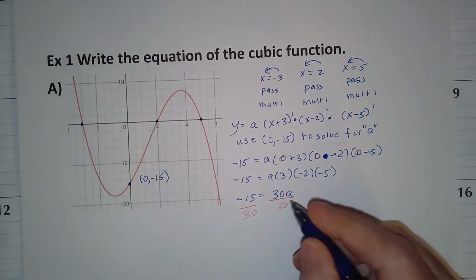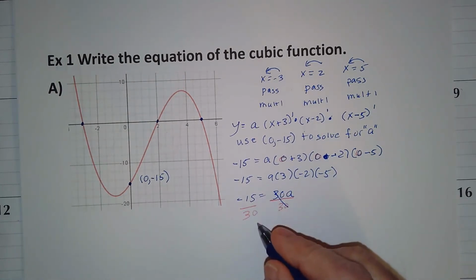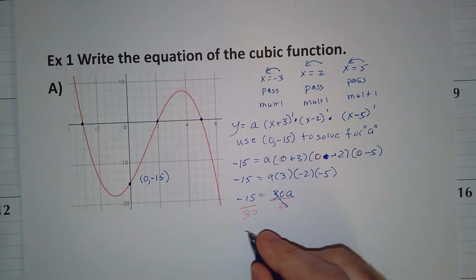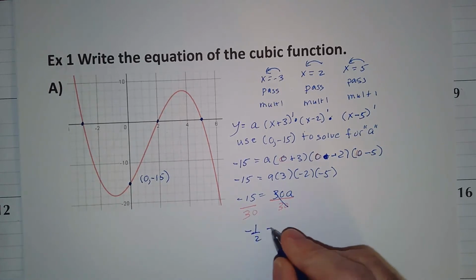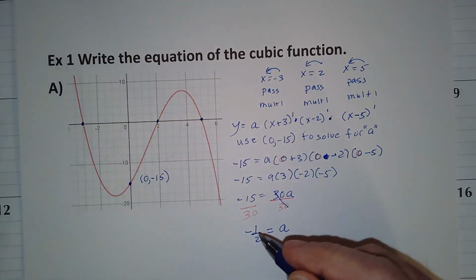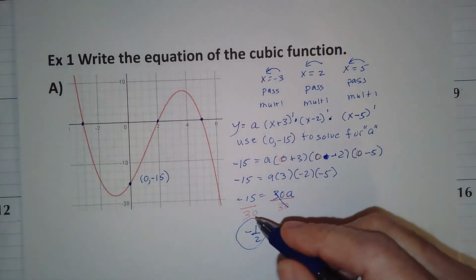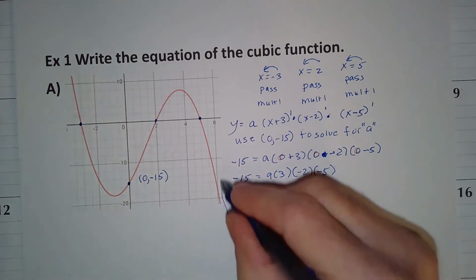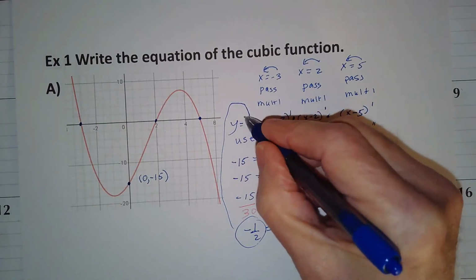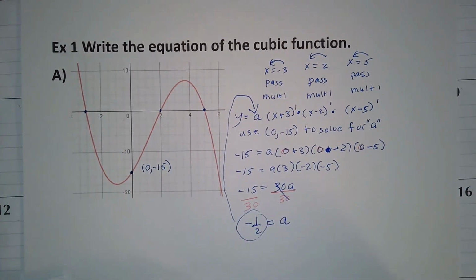And so this cancels, and you're going to get, it looks like negative 1/2 is going to equal your a. Now, are we done? No, because we have to then take this negative 1/2 here, and we've got to plug it back in up here for the a. So we're going to do that now.